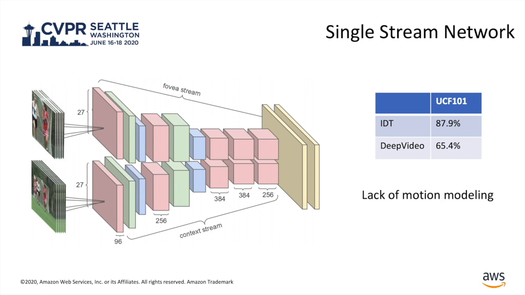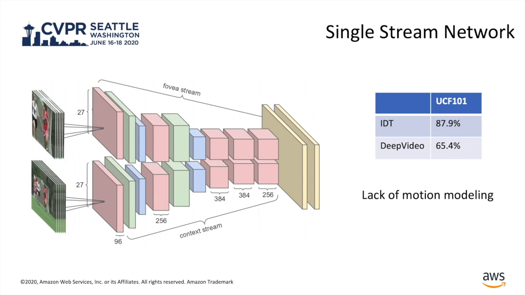One possible reason people tend to believe is that a single-stream CNN lacks the capability of motion modeling. Simply speaking, local convolution operations do not capture motion well. Since video understanding intuitively needs motion information, finding an appropriate way to describe the temporal relationship between frames is essential to improve the performance of CNN-based video action recognition.